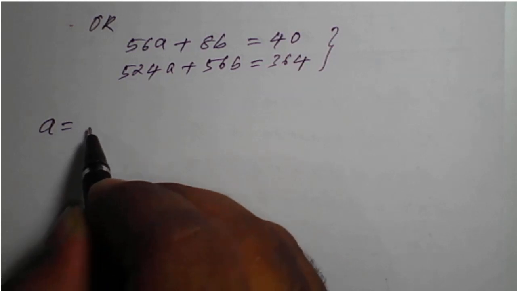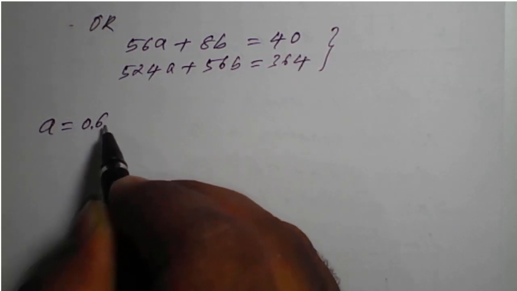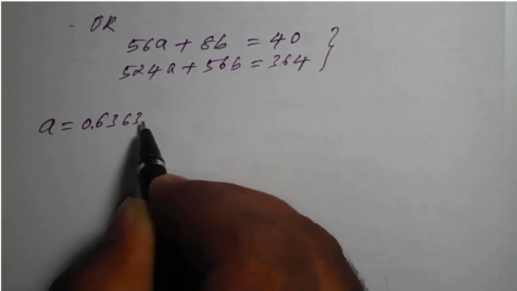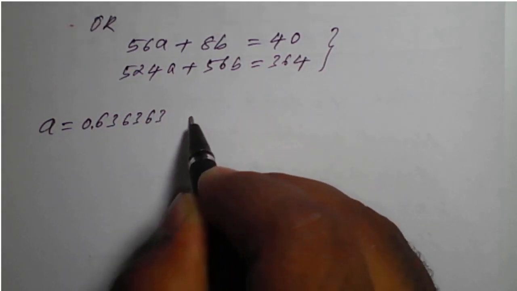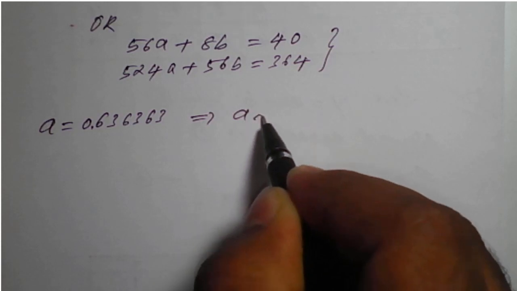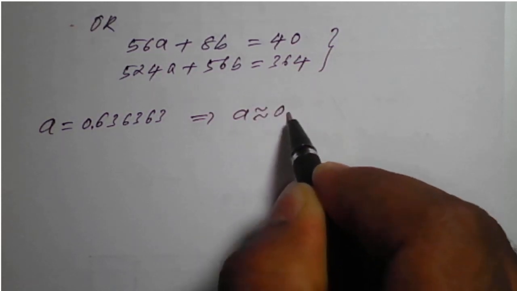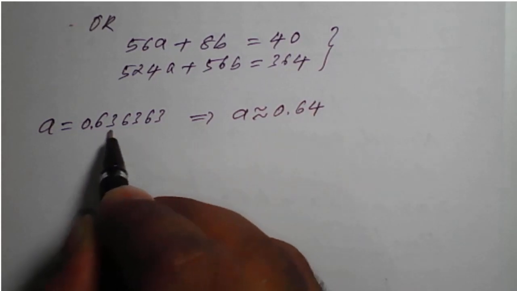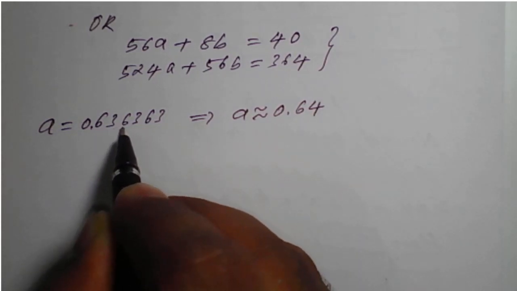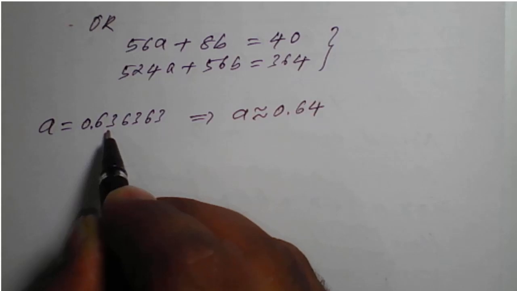So a is equal to 0.636363, which implies a is equivalent to 0.64. I will round up to 2 decimal places. The third place is more than 5, so add one to the previous decimal.